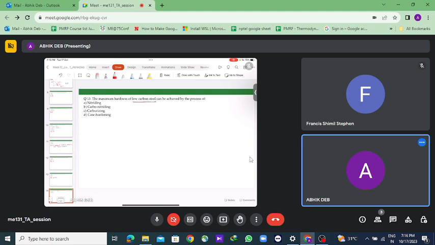So nitriding. Yeah. Why can we not achieve the hardness by, say, martempering, that is the formation of martensite? So actually, when we are doing the tempering, the whole structure will be hardened and brittle. But during this kind of surface treatment, only the surface level will be hardened, from 1 mm to 2 mm.